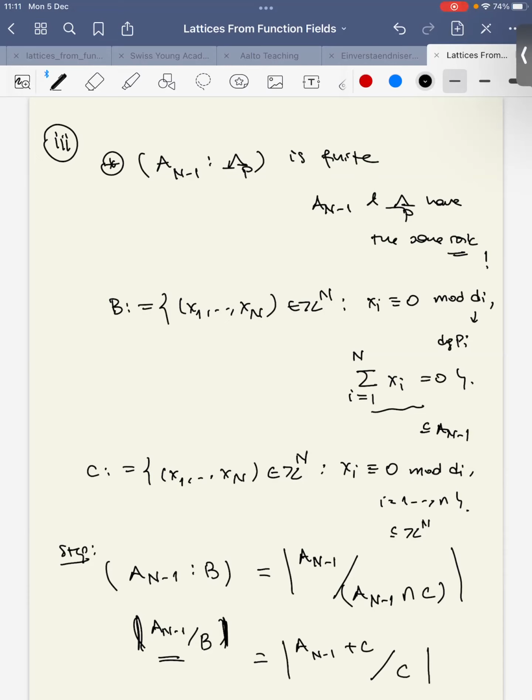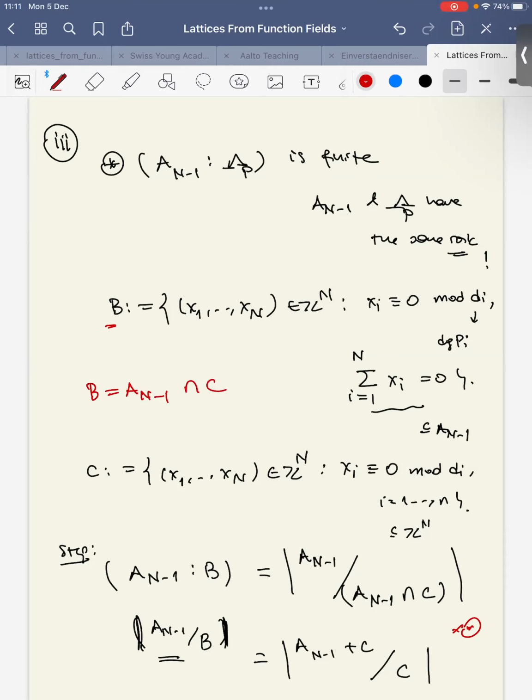This is something we will also elaborate on in the discussion sessions on Zoom, but please also think about it. We can write these equalities because, by this definition, B is indeed equal to A_{n-1} intersection C.